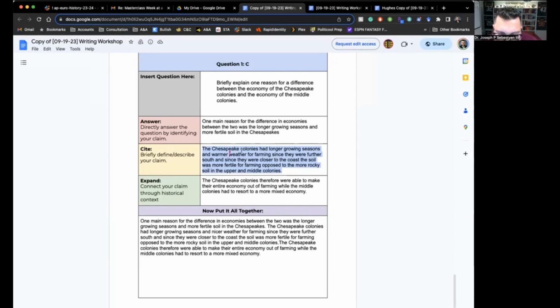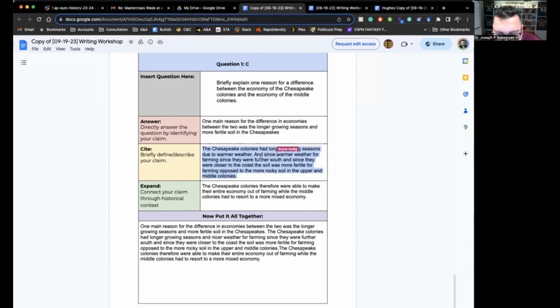Okay. The Chesapeake colonies had longer growing seasons due to warmer weather. Period.